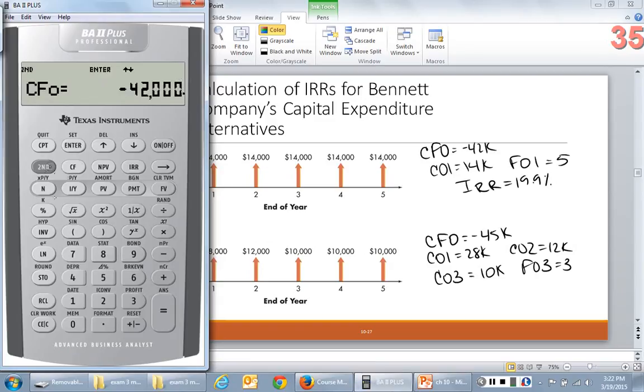So cash flow, clear your work, and you get 21.7%.